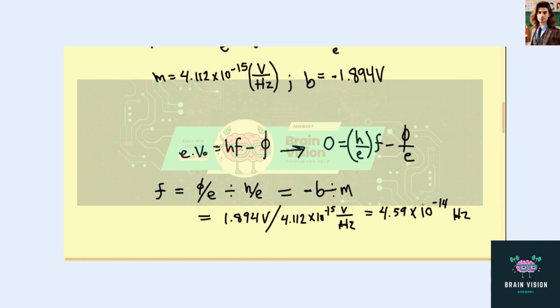Oh, I'm sorry. It's positive 14, because remember, our hertz is going to be in the hundreds of trillions. It's a very large number. So our threshold frequency is 4.59 times 10 to the 14 hertz. I'll just erase that so it's clear.